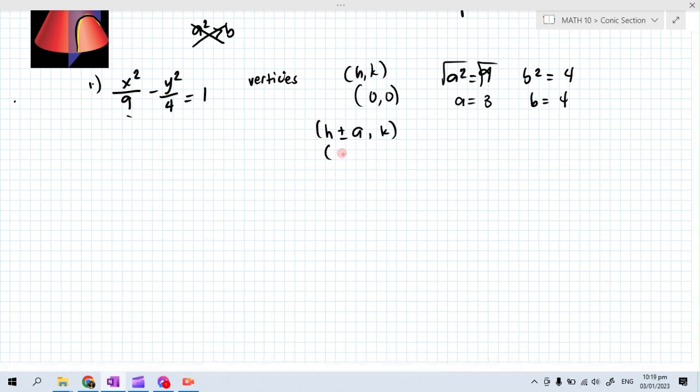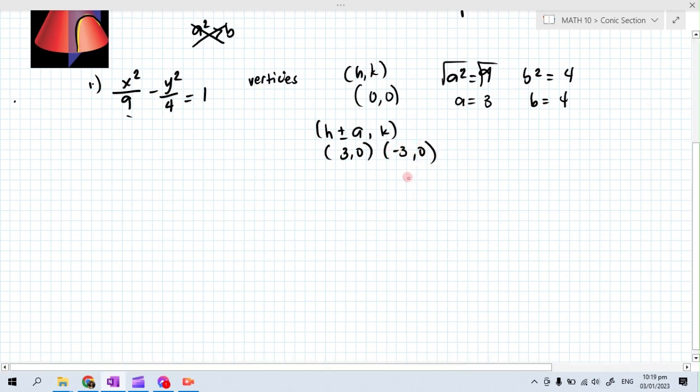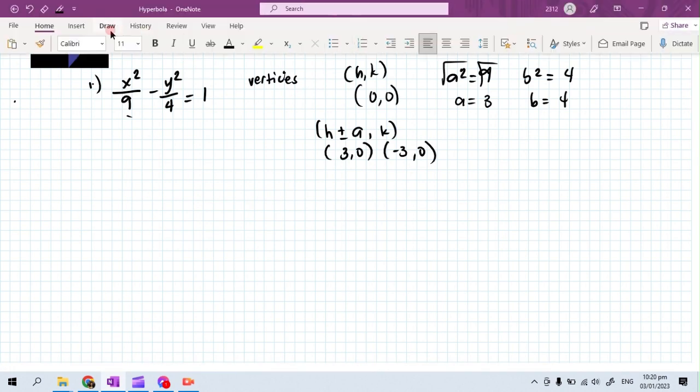Thus, the vertices of the hyperbola are (3, 0) and (negative 3, 0). Now that we have those points, we will plot them on our Cartesian plane.